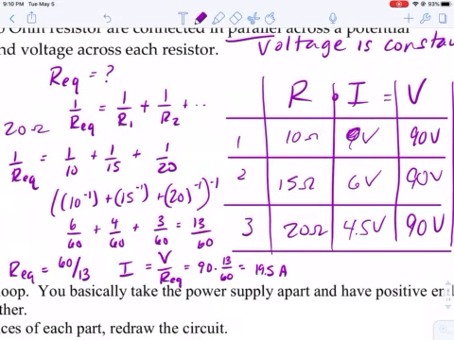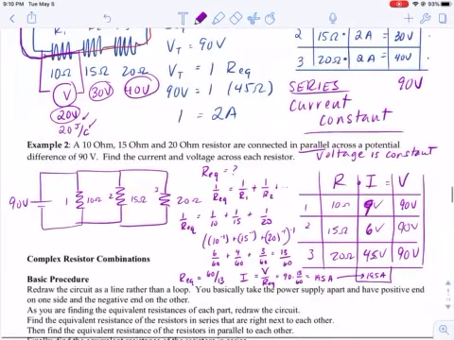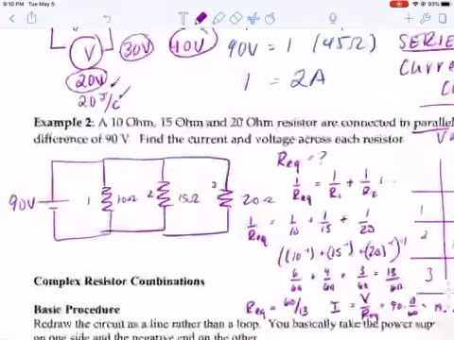And notice, that's good. Notice when I add these together, 9 plus 6 plus 4.5, if I add down, I get 19.5 amps.